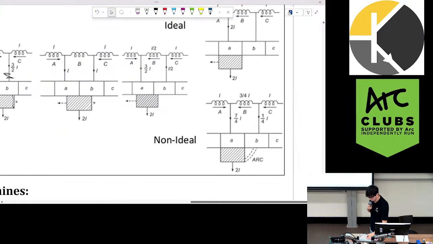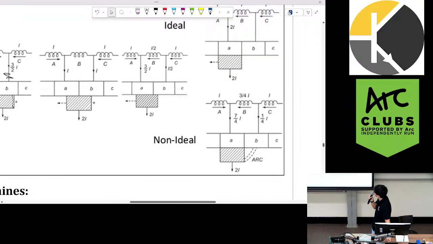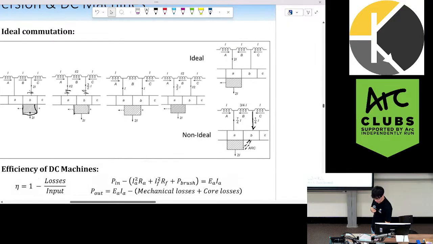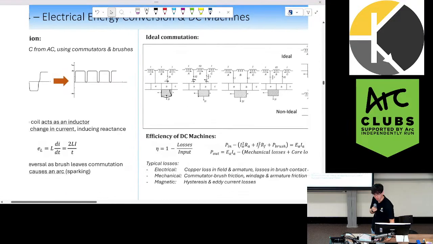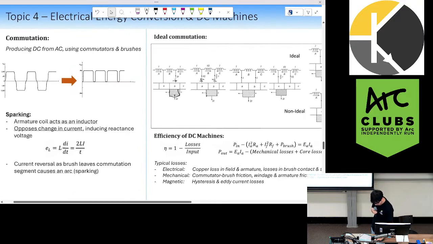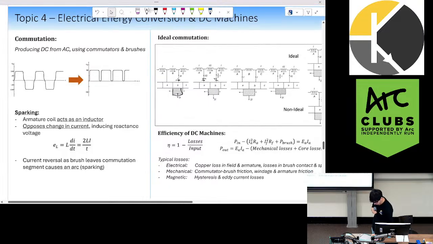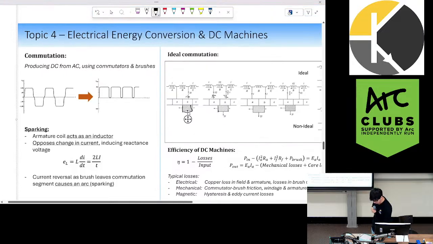So once we've swapped over entirely to segment A, we might not have all the current through A, and we might still have current trying to flow through B. That causes an induced voltage, which will create arcs. Those arcs create sparking, which is another form of loss in our circuits. So that's what I've written in the bottom left.